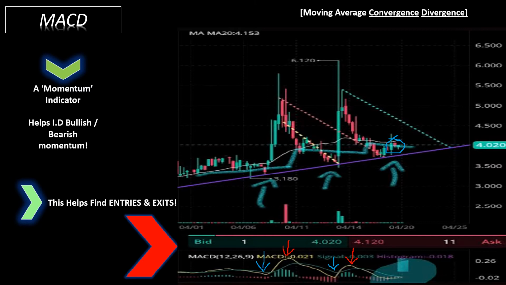So using the MACD alone, some people find to be a trading strategy. If you pay attention to the volume and you have your time frames set appropriately, it can really help you find ideal intraday entries and exits, sometimes several times in the same stock, but oftentimes you could find at least one good setup a day using just the MACD.